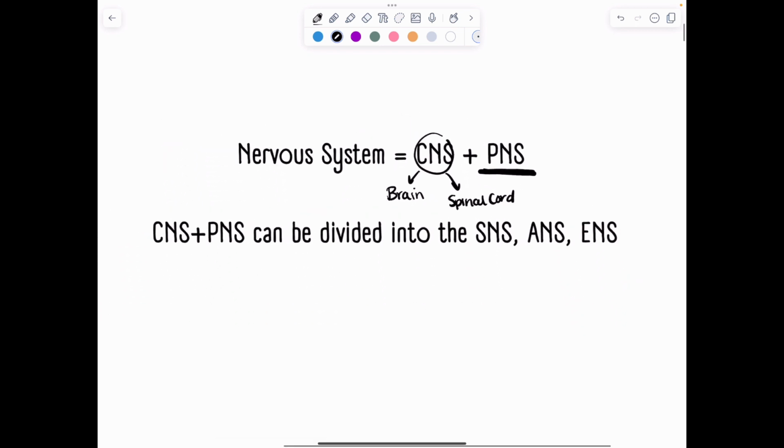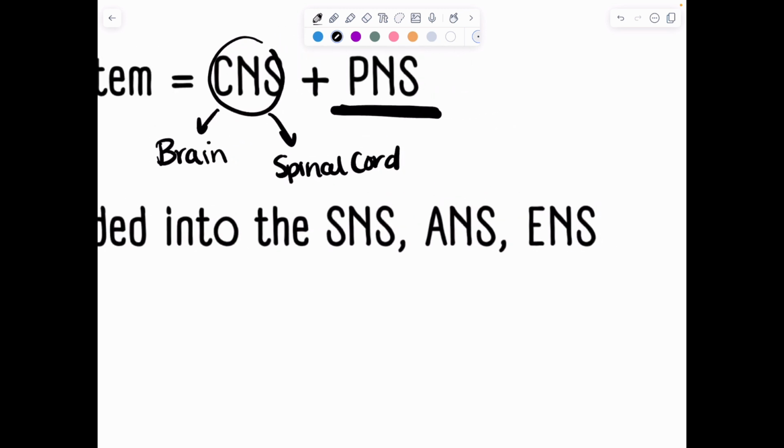Now, we just divided the nervous system into the central nervous system and peripheral nervous system, but we can also divide it into 2 or 3 functional nervous systems, and those are the somatic nervous system, the autonomic nervous system, and the enteric nervous system.